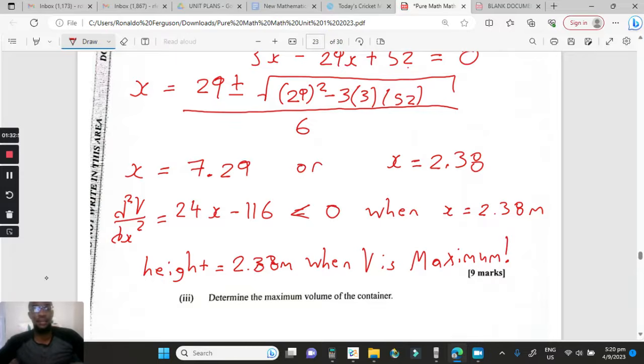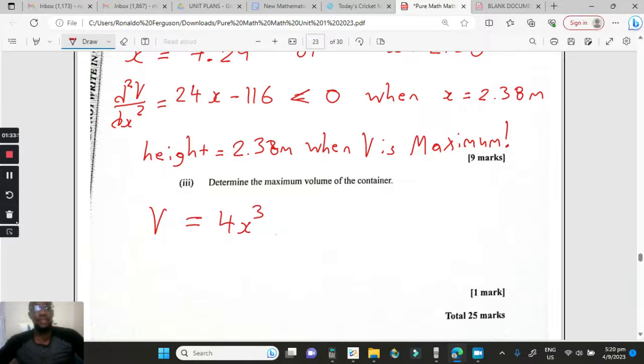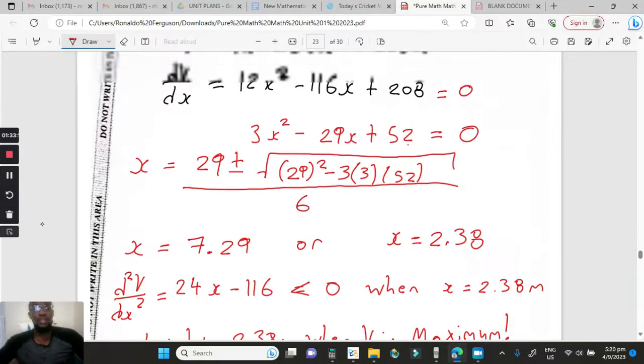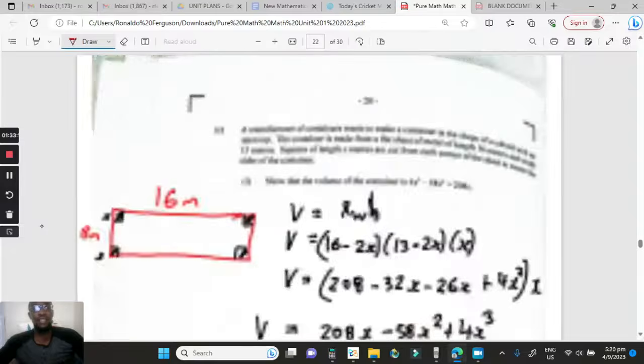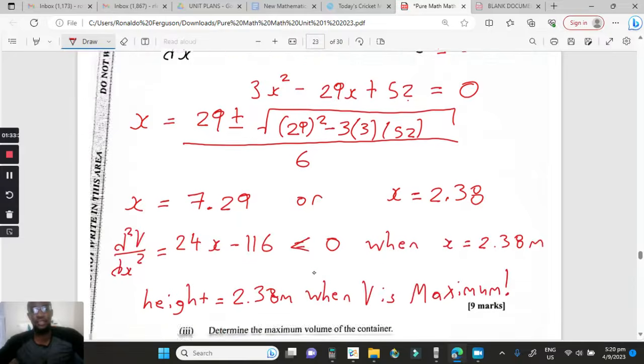Alright, it says determine the maximum volume. Now, once you get the maximum height, it's easy to get the maximum volume. Because the volume formula now was 4x cubed minus 58x squared plus 208x.